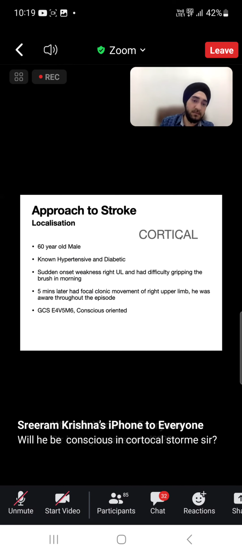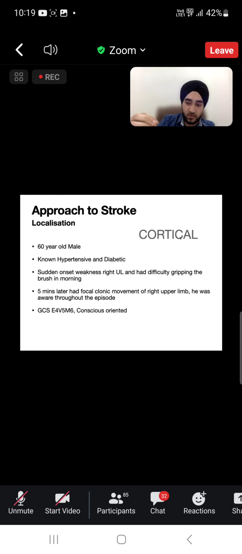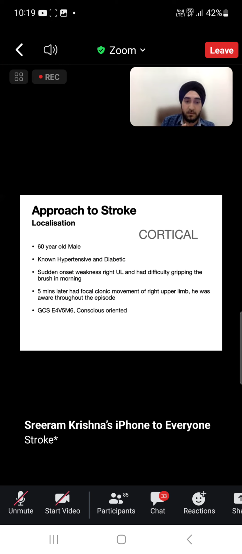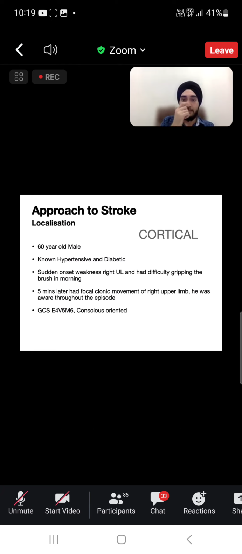How is GCS preserved? See, if the patient has monoparesis, if the patient has a small stroke, the GCS will be preserved in a cortical stroke. Will he be conscious in a cortical stroke? Unless the stroke is large.